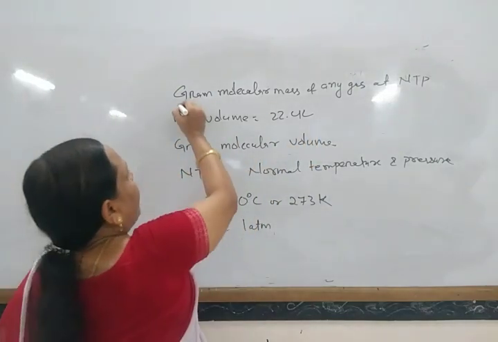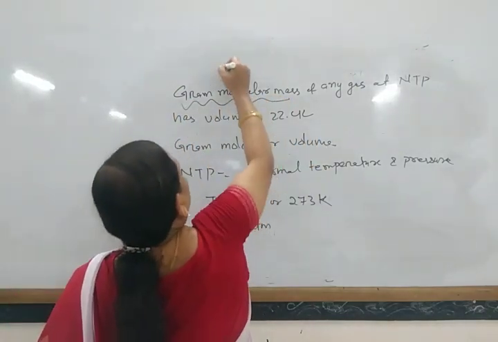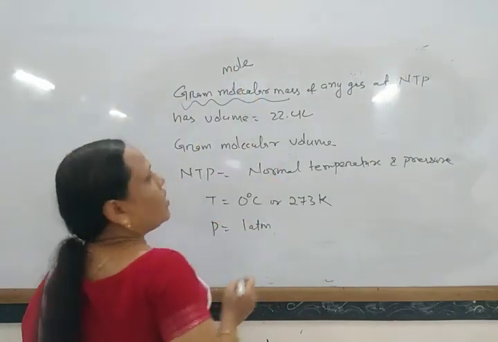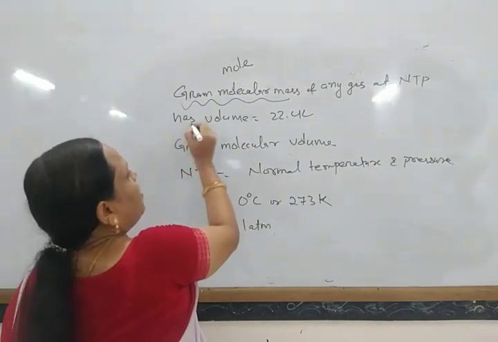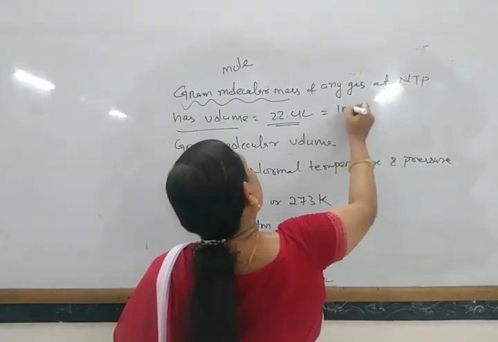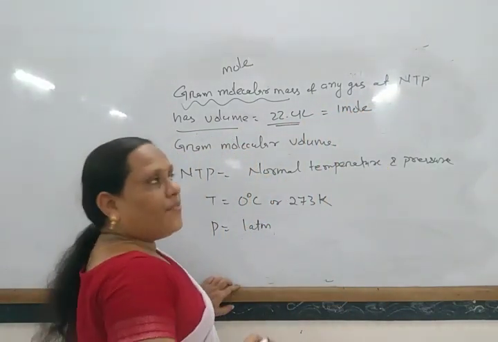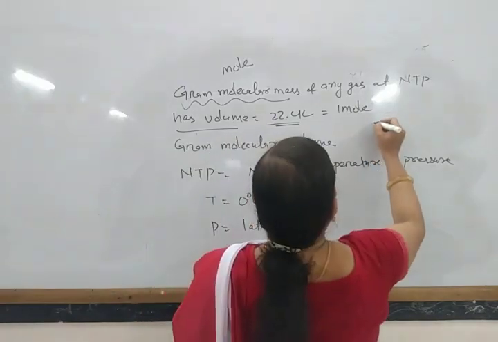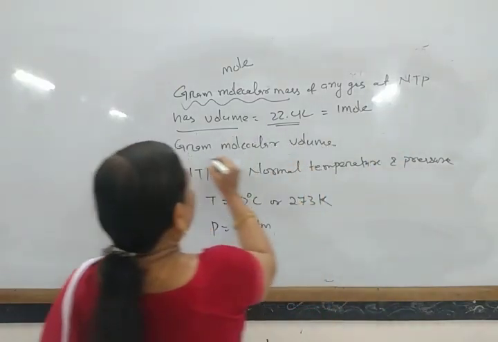Another thing, this gram molecular mass is also known as 1 mole. This volume of 22.4 liter is also known as 1 mole, and it is also known as gram molecular volume.